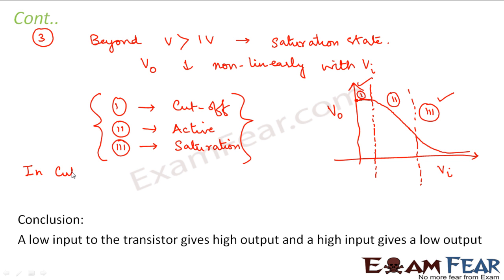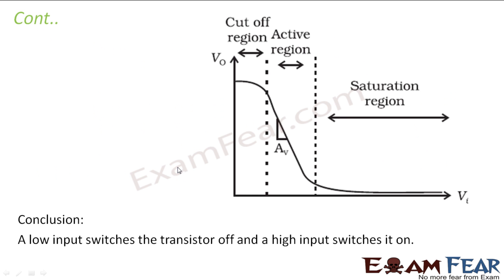Why is it so? So what do we see from this curve? We could plot this curve based on our explanation. We saw that in the three different regions, what is the value of the V output, right?